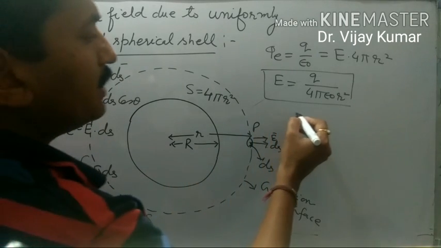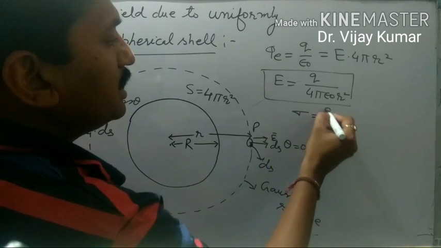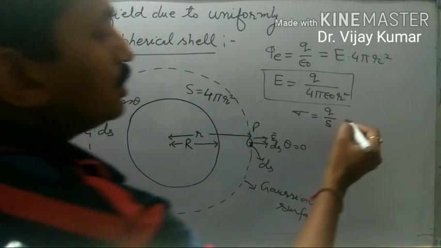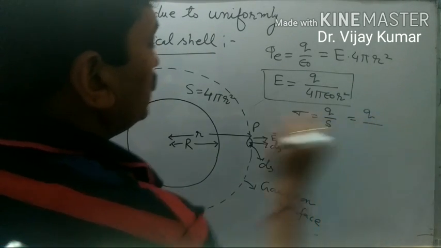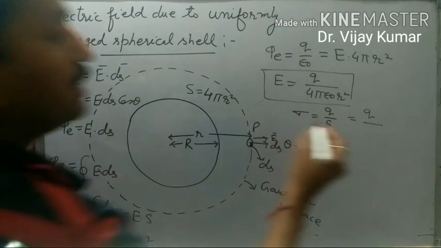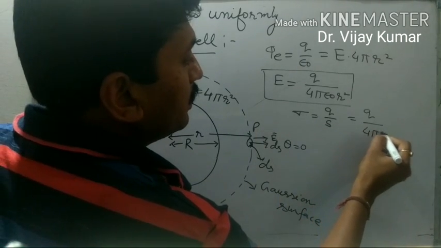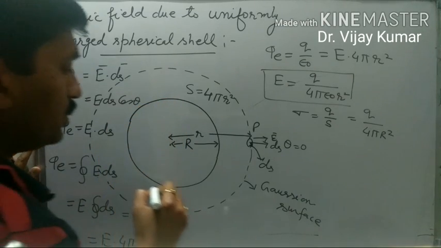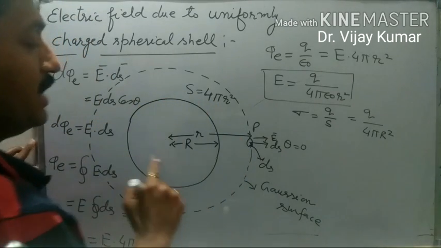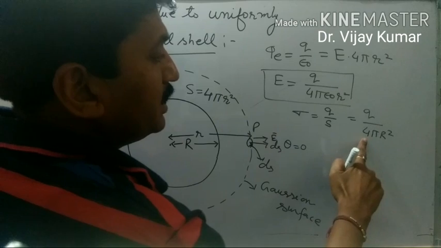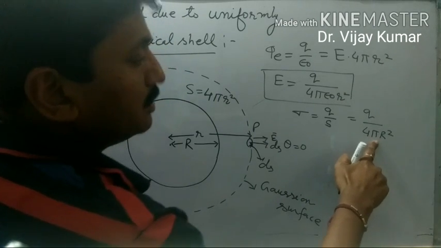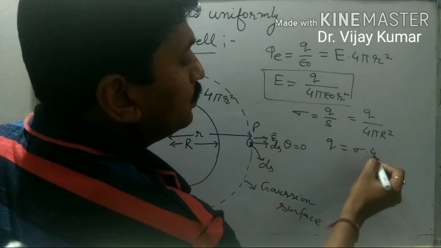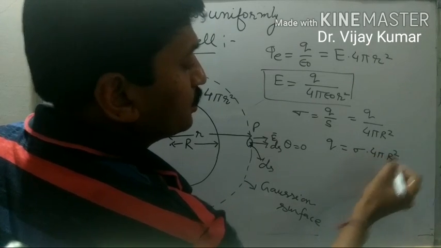We also know that surface charge density is Q upon the surface area of the spherical shell, which is 4 pi capital R square, as the charge is uniformly distributed on the shell. So Q becomes sigma into 4 pi capital R square.